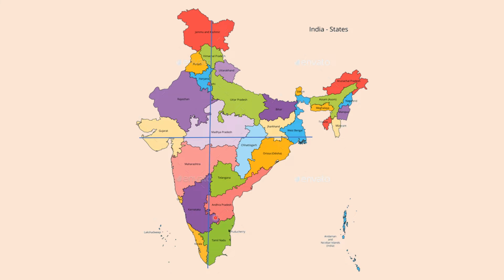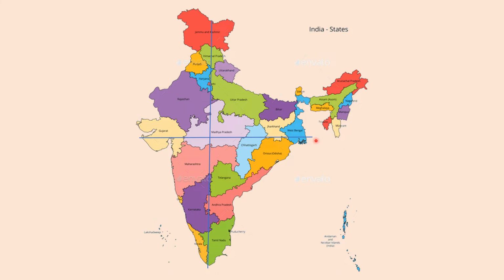This is the map of India. The word directions means it shows you where it is. Now on the map of India, you can see two blue lines that go from up to down and side to side.